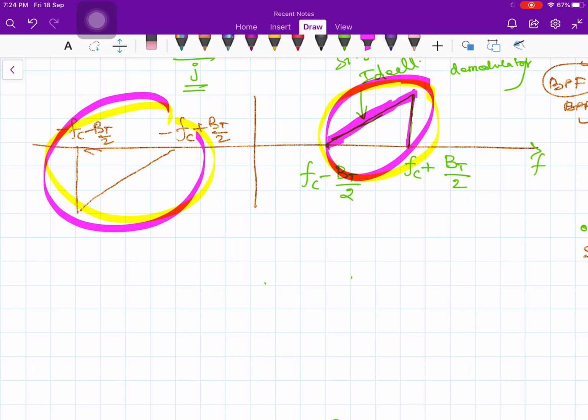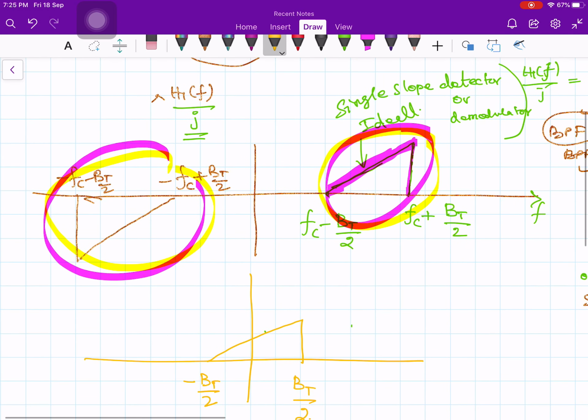If you bring it to the complex envelope, it comes to your baseband. So it will be like this, from minus B_T by 2 to B_T by 2. Now let us assume the slope is equal to 2 pi a. I am arbitrarily choosing some value; a is some arbitrary value.